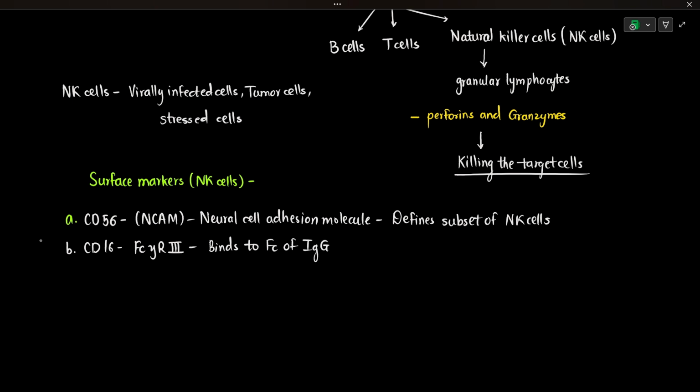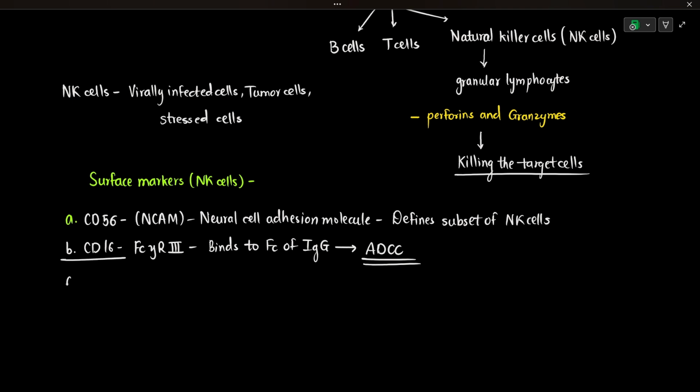This particular receptor is going to help in antibody dependent cellular cytotoxicity. I'll come to this topic in a while. For now, it is important to know that antibody mediated killing of target cells is also a job of natural killer cells, and that will be mediated by this particular receptor.